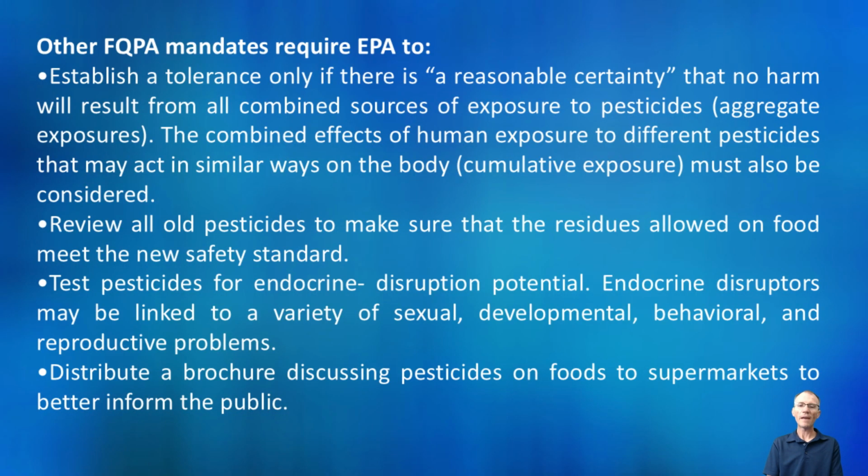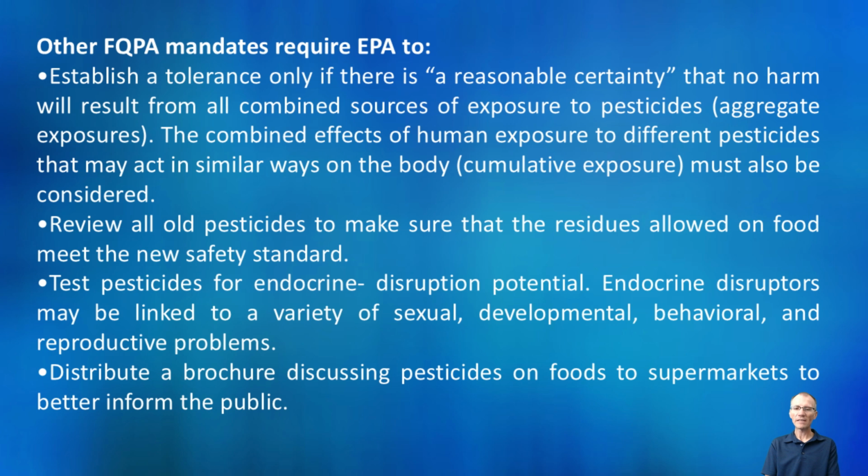Other FQPA mandates require EPA to establish a tolerance only if there's a reasonable certainty that no harm will result from all combined sources of exposure to pesticides, aggregate exposures. The combined effects of human exposure to different pesticides that may act in similar ways on the body, cumulative exposure, must also be considered.